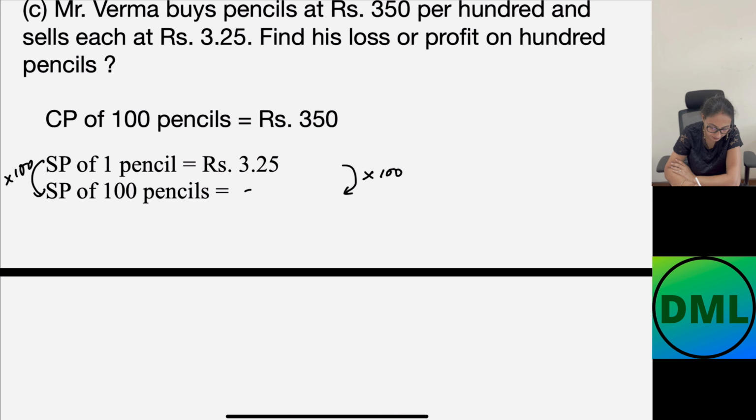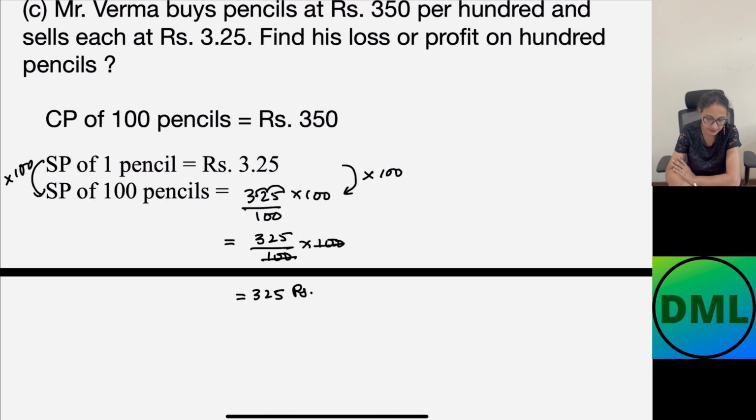Let's write down 3.25 multiplied by 100. If you move this decimal to the right, that means you are writing 100 in the denominator. This will be written as 325 over 100 multiplied by 100. 100 got cancelled and your answer will be 325 rupees. You have a selling price of 325 rupees and the cost price is 350 rupees.